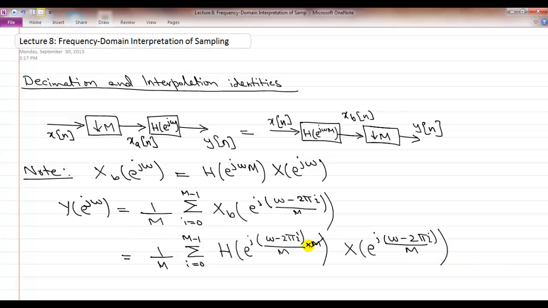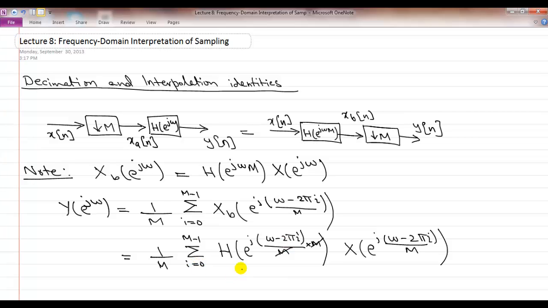Now, of course, I just cancel this capital M with capital M. In that case, this H of e to the j omega minus 2 pi i is just saying that you take your Fourier transform of H of e to the j omega and you shift it by some multiple of 2 pi. Now what happens if you take the discrete time Fourier transform of any discrete sequence and you shift it by a multiple of 2 pi? You get back the same thing because the discrete time Fourier transform is periodic with a period 2 pi.